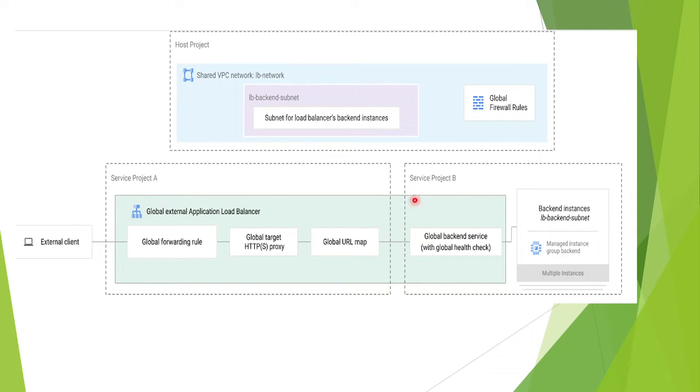Just reference those service projects in your configuration while creating this. So suppose your application team can create their own backends in their own projects, and the central network team just creates a single load balancer and references the application team projects. We will see this scenario also.